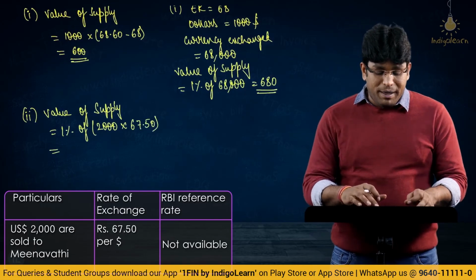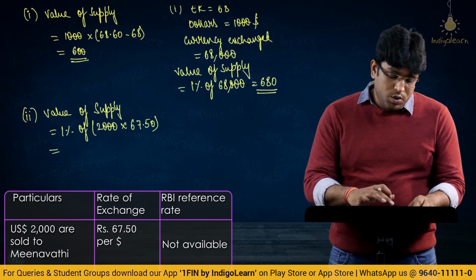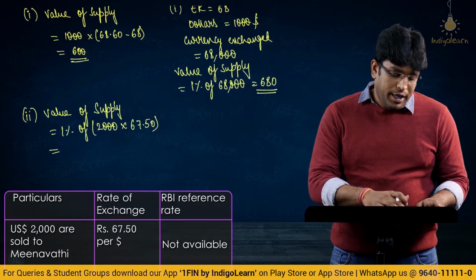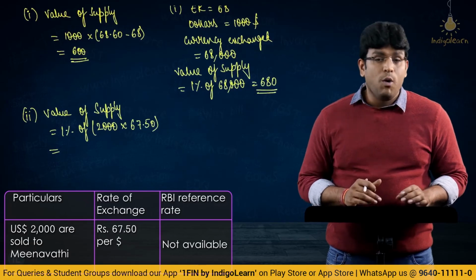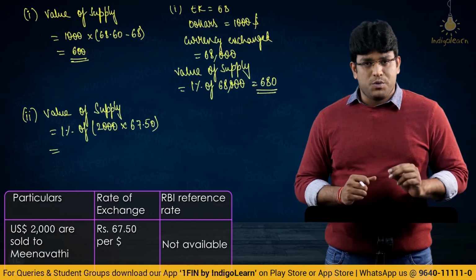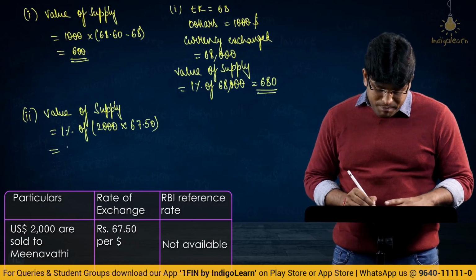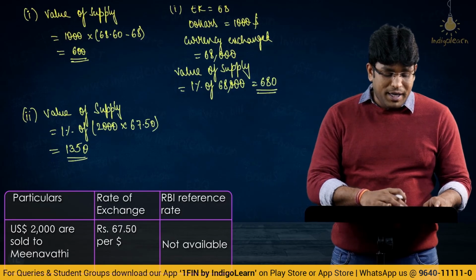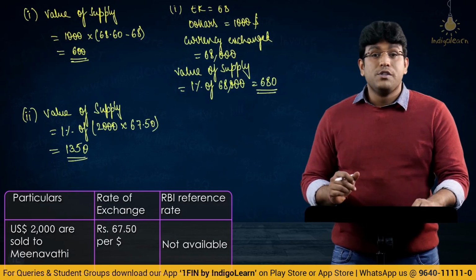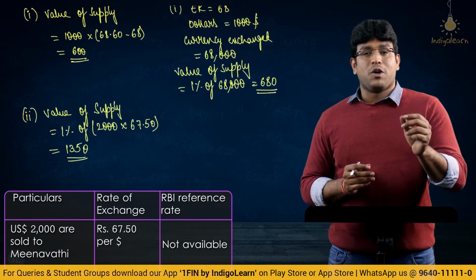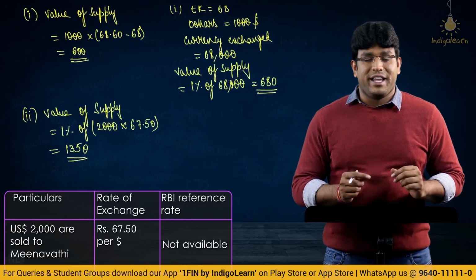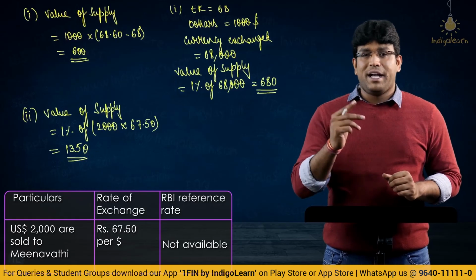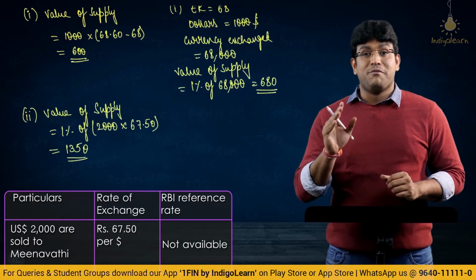Let me do that working. $2,000 into 67.50 works out to 1,35,000, and 1% of 1,35,000 comes to 1,350. That becomes my value of supply. We have applied the concept of 1% of currency exchange simply because RBI rate is not available. If RBI rate would have been available, then the difference would have become value of supply.